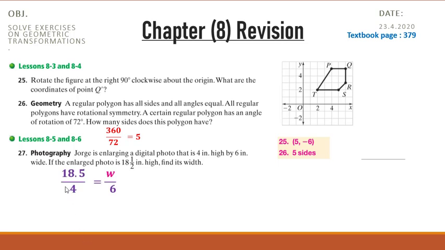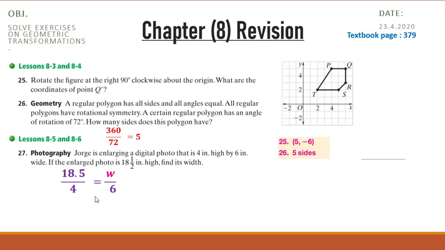We have 18.5. This is the image height, and 4 is the original height. Okay, and we don't have the width of the image, so we will use W or X, and we have the width of the original, which is 6.